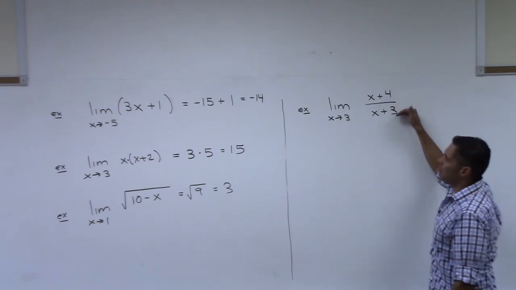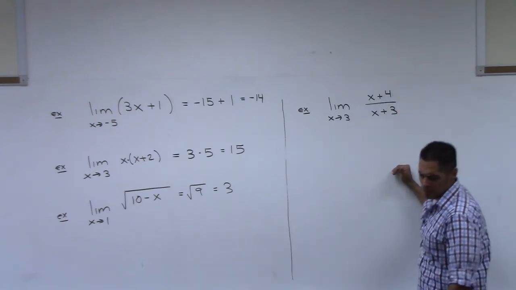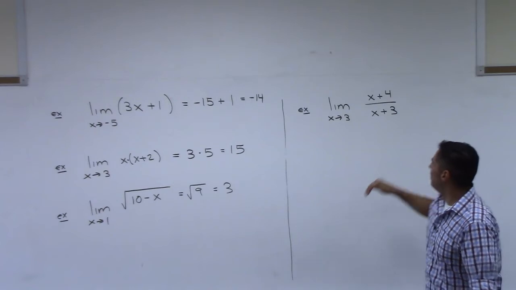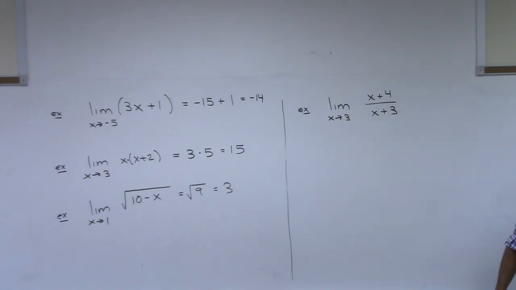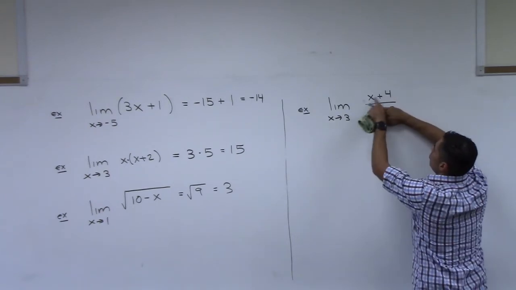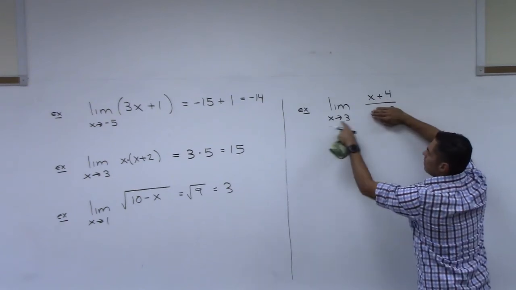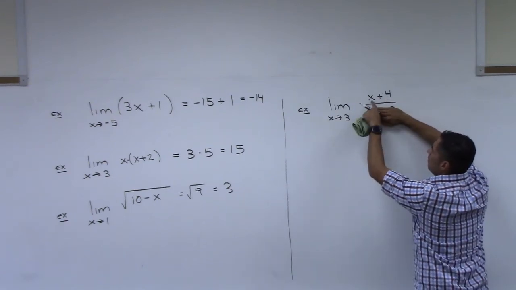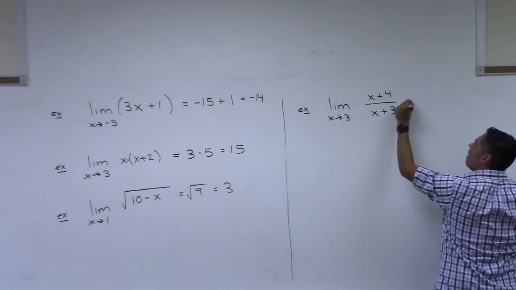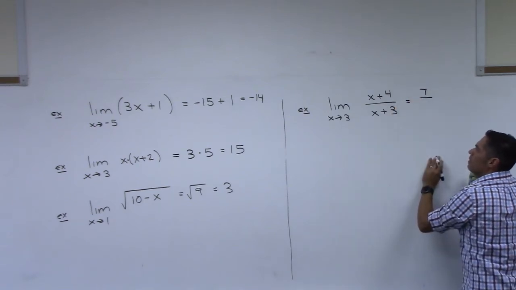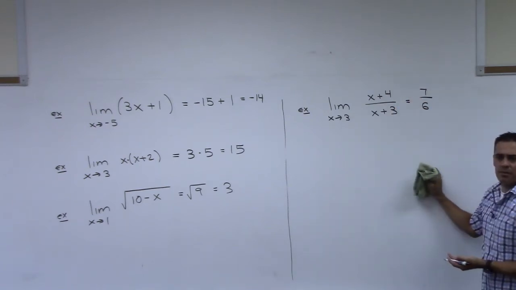Can I do these individually? Yes, I had a property, I believe property 7, which said I could look at the top and bottom separately. If I look at the top, it's addition, so I can do these separately. I let x go to 3, and this becomes 3 plus 4, 7. So the top is headed to 7. Where's the bottom headed? 6, and your answer is 7/6.